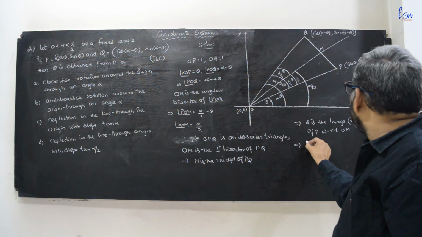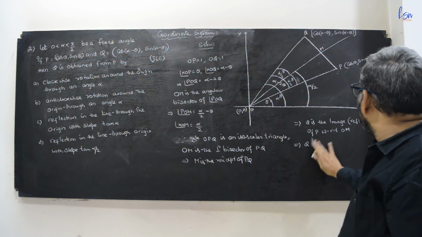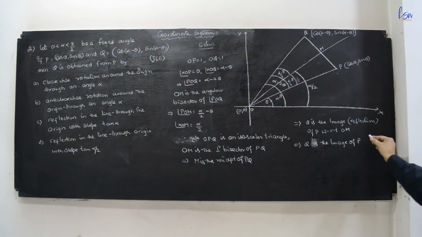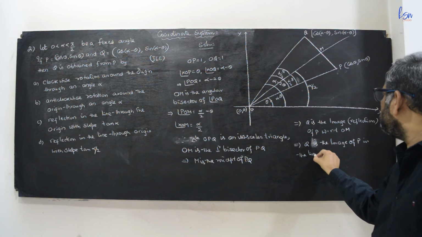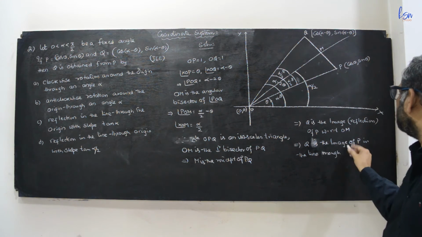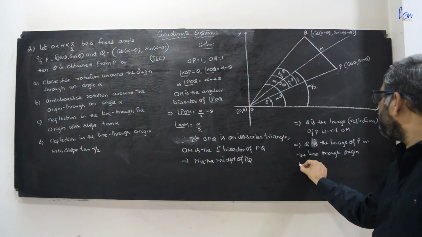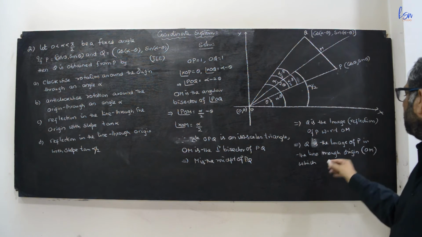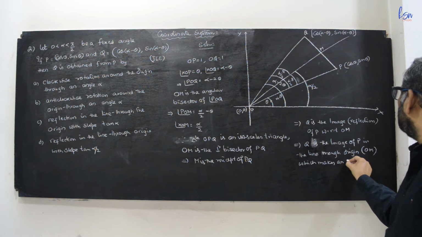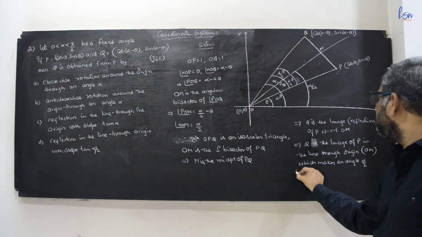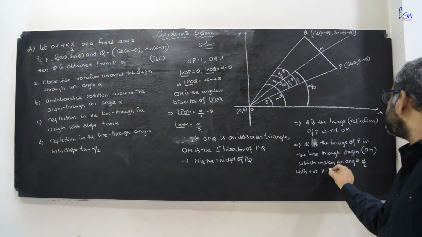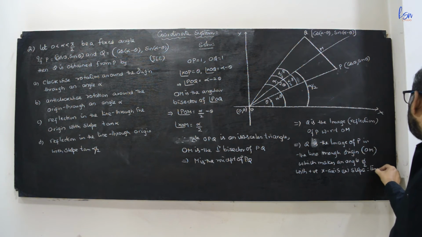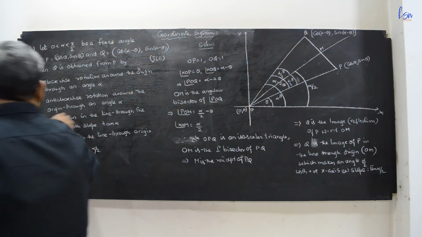Here it implies Q is the image of P in the line through the origin, namely OM, which makes an angle alpha by 2 with the positive x-axis, that is, slope is equal to tan alpha by 2. So the fourth option is the answer.